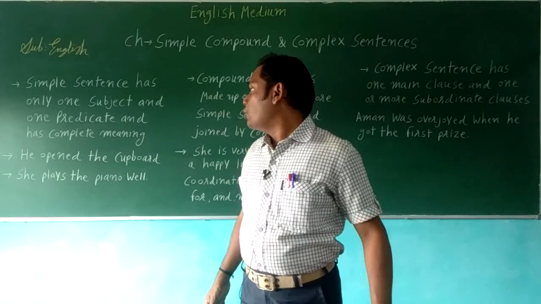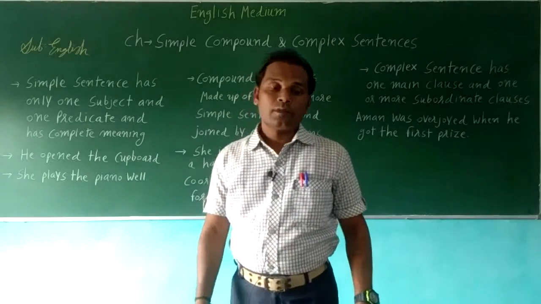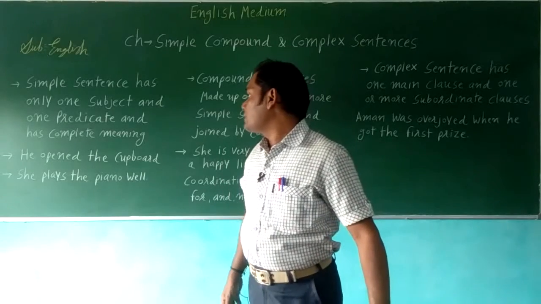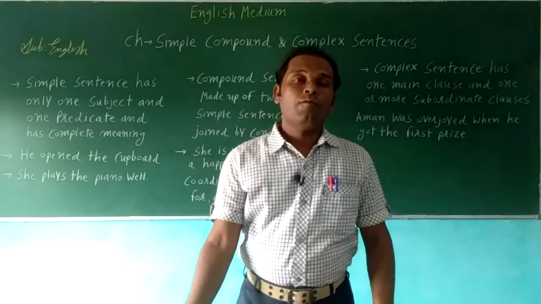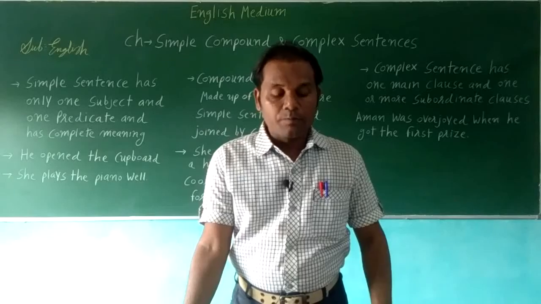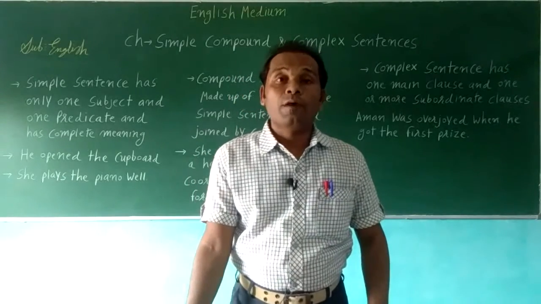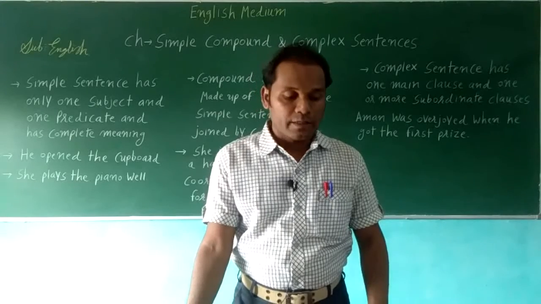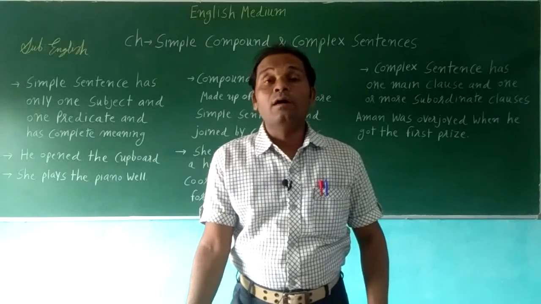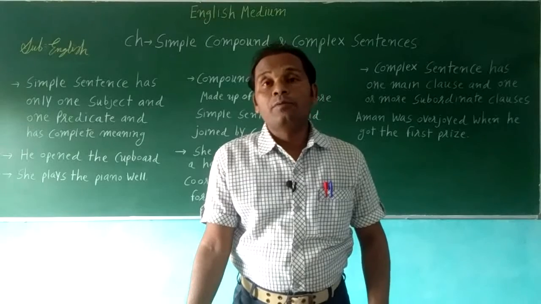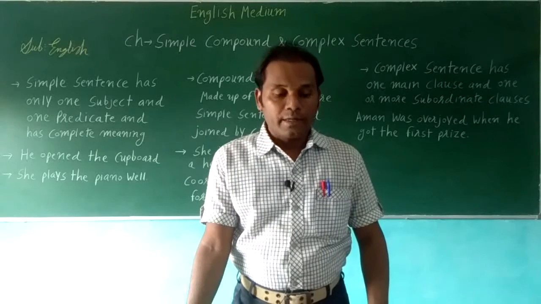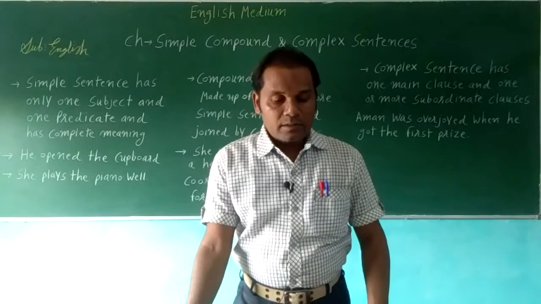Examples: He opened the cupboard and then he placed the piano well. It makes complete sense. Tripti placed the piano well, that is also a sentence we can make. Meena leads a contented life. It is an example of a simple sentence.